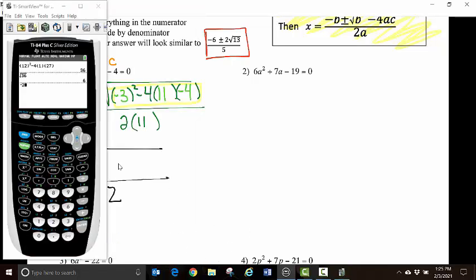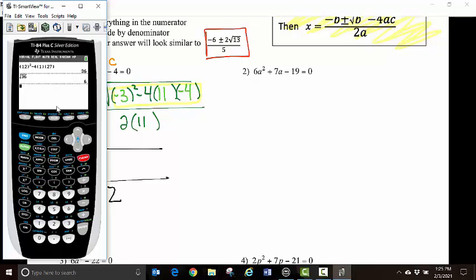Okay, so parenthesis, negative 3 parentheses squared, minus, minus 4 times 11 times negative 4.